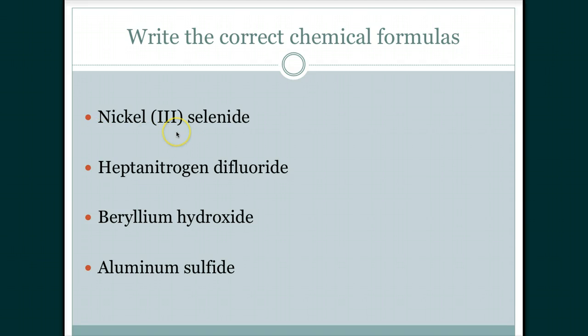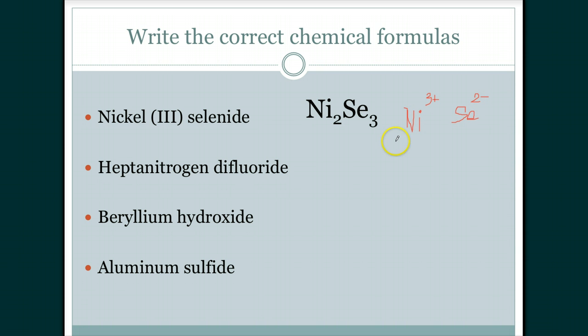Nickel(III) selenide. So nickel 3 means that it will have a charge of positive 3, and then selenide, the charge on the ion of this element is, as you can guess, 2 minus. If I write out the ions themselves, this would be 3 plus and this ion would be 2 minus.